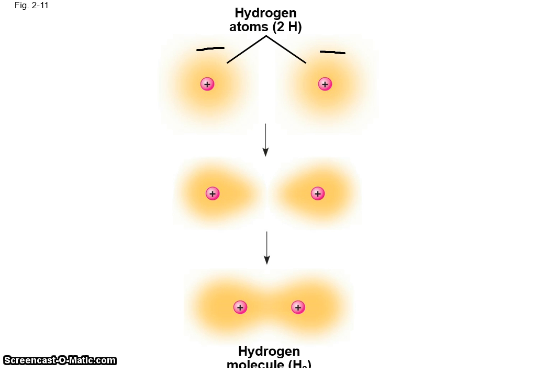In order to become complete, each hydrogen atom, quote unquote, prefers to have 2 valence electrons in its outermost shell. So 2 hydrogen atoms will interact with each other and share those 2 electrons in between the 2, so now they each have 2 electrons in their outermost shells. We now say that they are stable, and they result in a chemical bond called a covalent bond because the electrons are being shared between those 2 atoms.